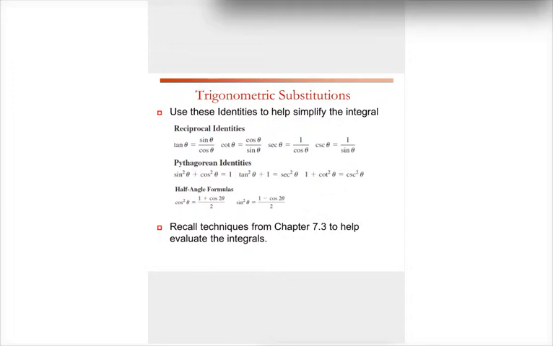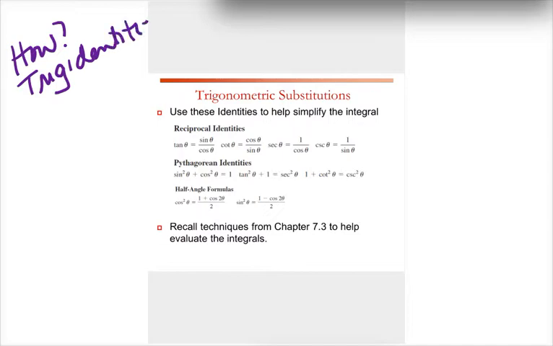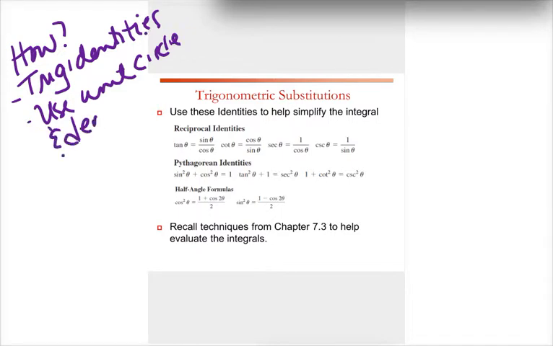We're going to be using and employing the trig identities again. All right, so how are we going to do this? How's the process going to work? We're going to use the trig identities again to help us along the way. We're going to use the unit circle for sure, and our knowledge of derivatives of trig functions.